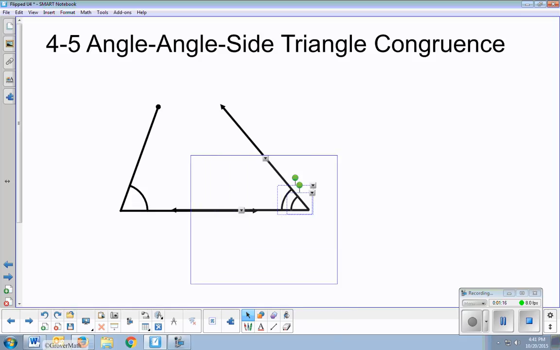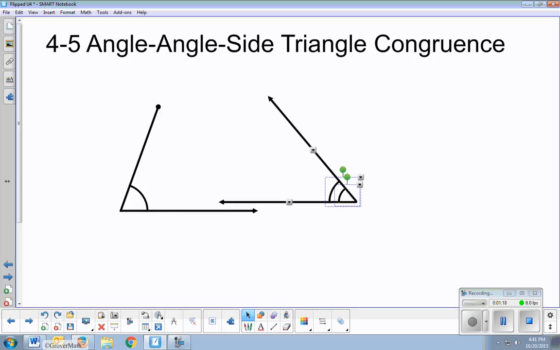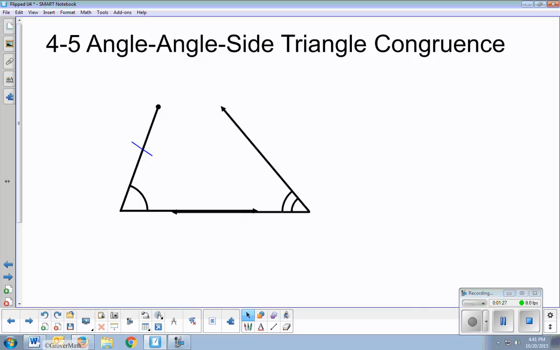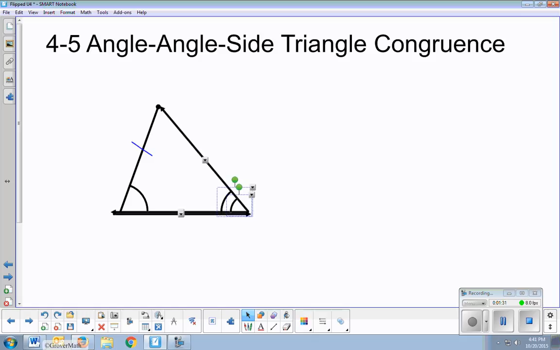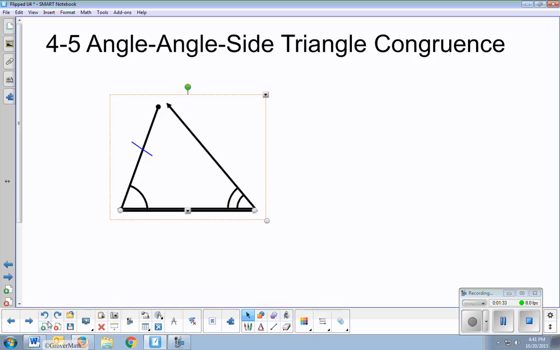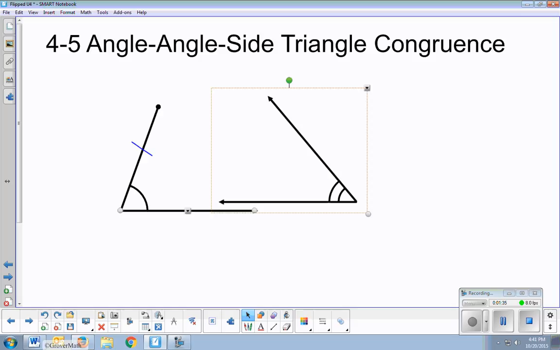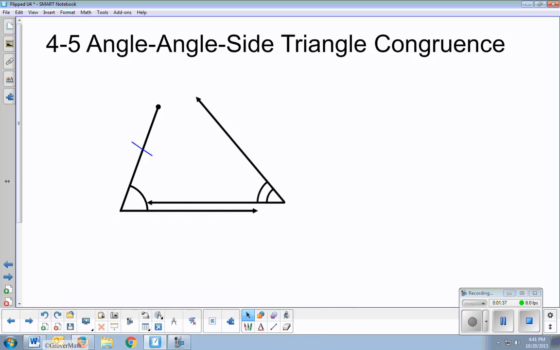What I'm going to attempt to show here is that given this angle measurement and this angle measurement and this side measurement, there's only one way for me to make a triangle out of this, and that's by moving these together. The only way this can become a triangle is if I slide this bottom one close enough that these sides will connect up top there.